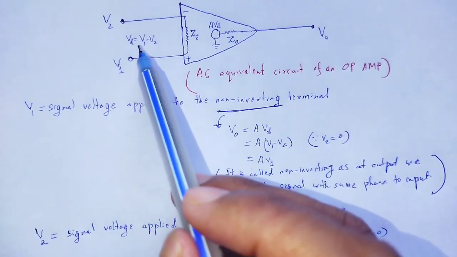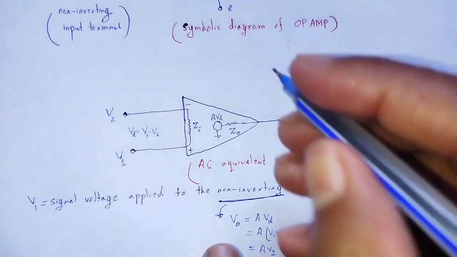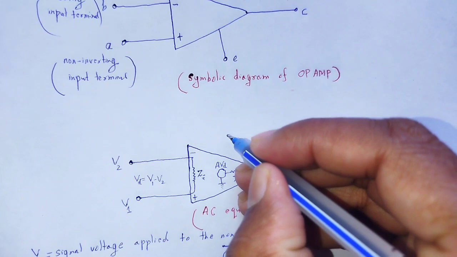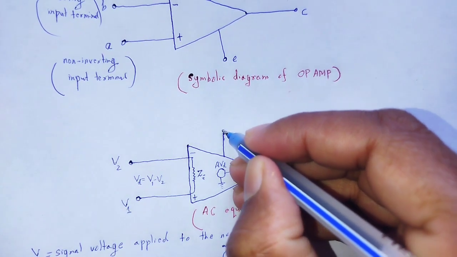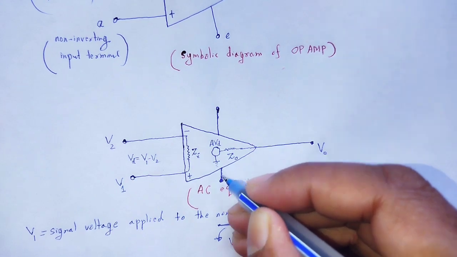The difference in potential is V1 minus V2, and the power supply, I missed it.